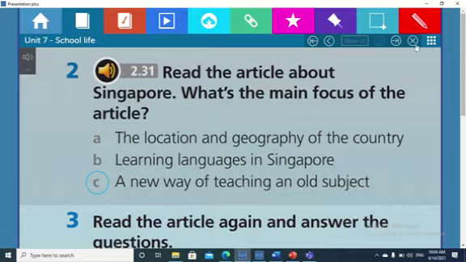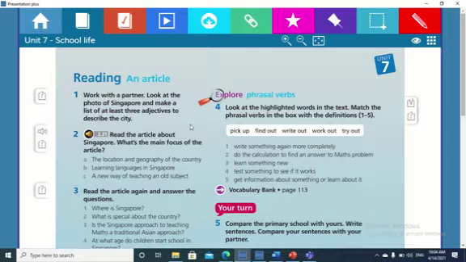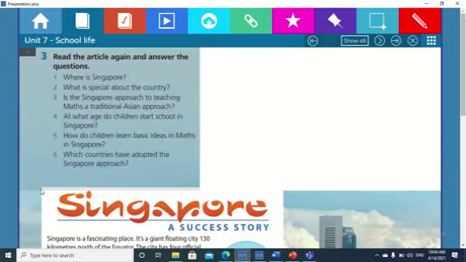Okay, let's move now to number 3. Now you are asked to stop the record here. Please stop here. Try to go back to the text, read the text, and try to find the answers. Read the article again and answer the questions. So please stop here. Try to answer these questions by yourself. Okay.